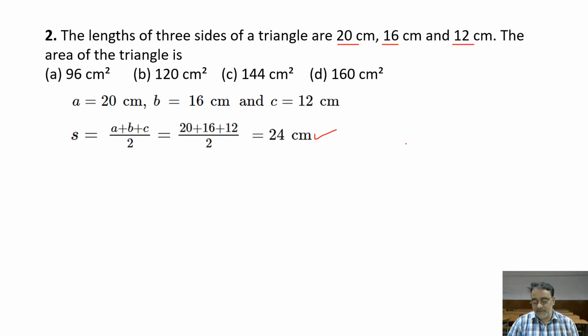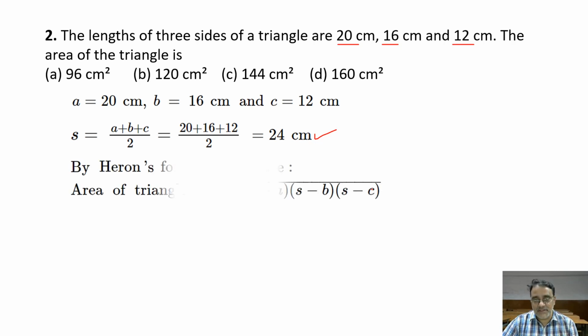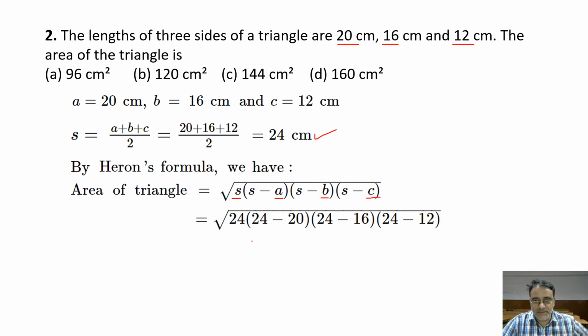So now by Heron's formula, area of triangle is given by the formula root over S into S minus A into S minus B into S minus C. So we will substitute the value of S, A, B, C. चलो substitute कर दिए. So 24 into 4 into 8 into 12.